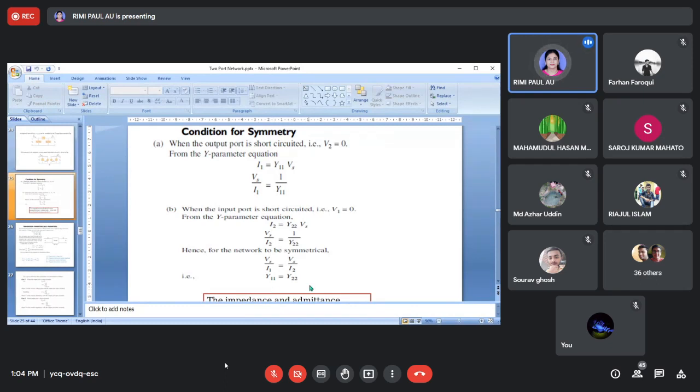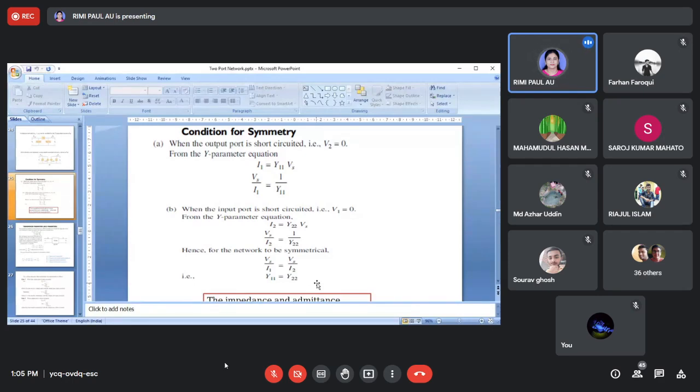So this I am skipping. That means I am not going into details, but you will solve it on your own, and you will check it for symmetrical and reciprocity conditions for every case. Because I already mentioned it. Now I am just saying the conditions.